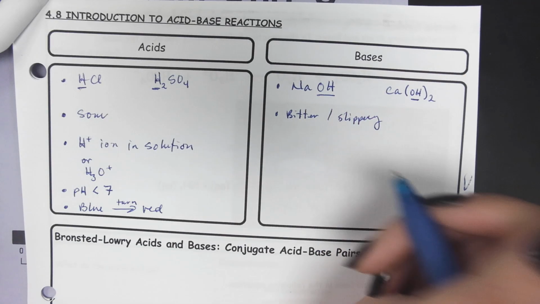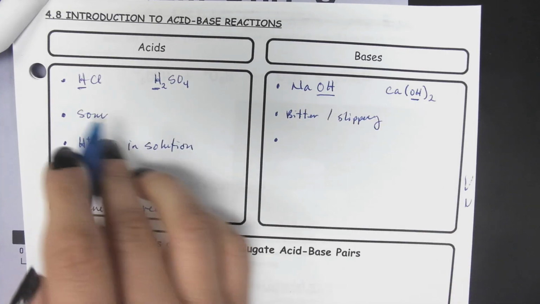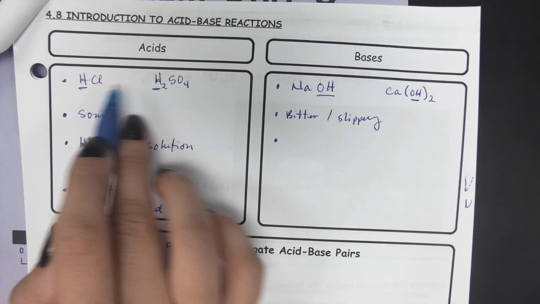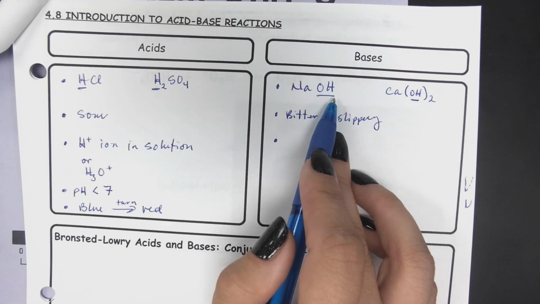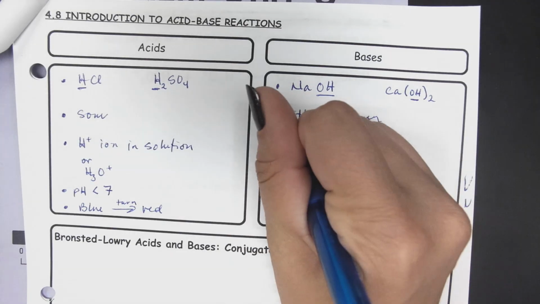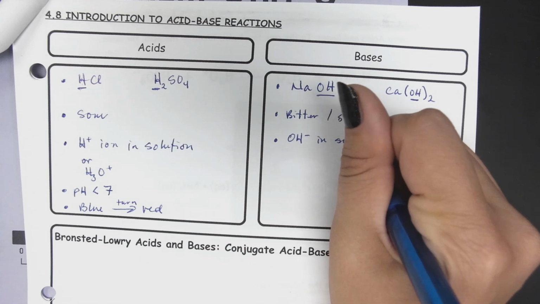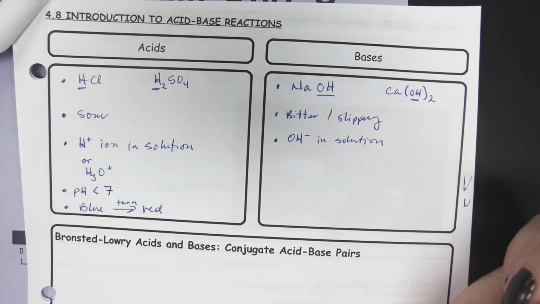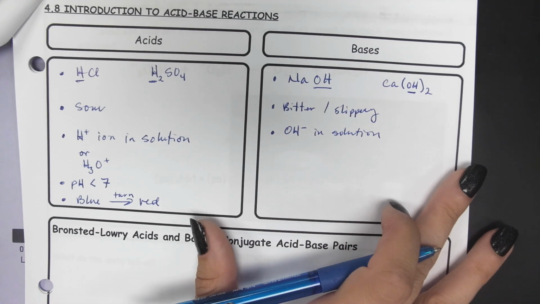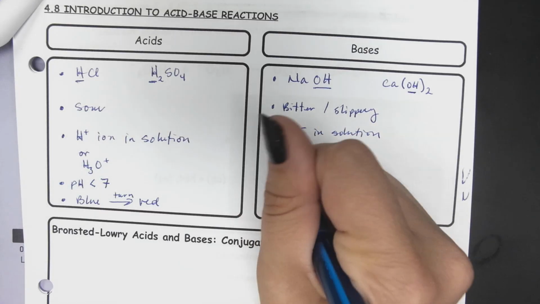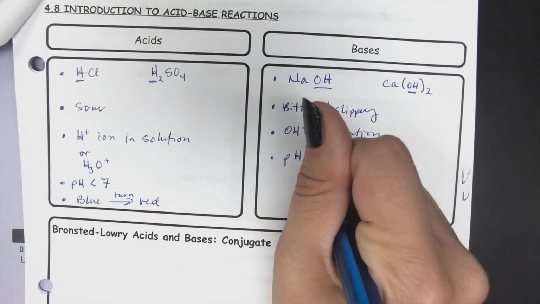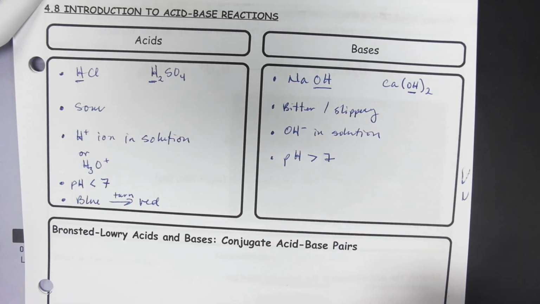Okay. And just like how the H+ broke off from these acids, the OH- is what breaks off. So we get a lot of these hydroxide ions in solution. They don't tend to combine with the water, though, and our pH is greater than 7.